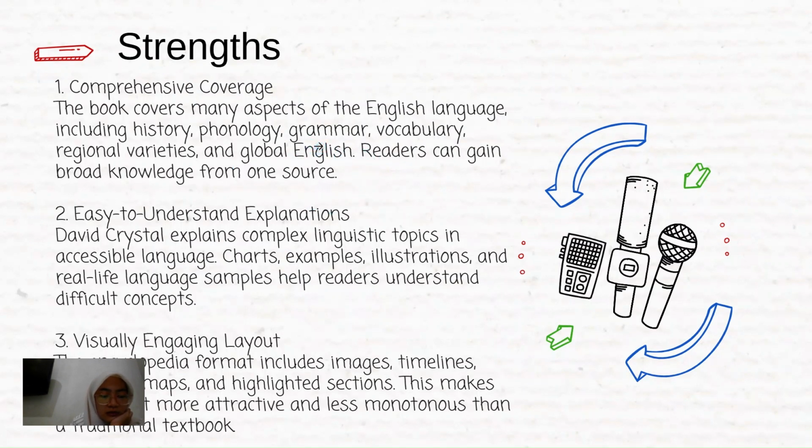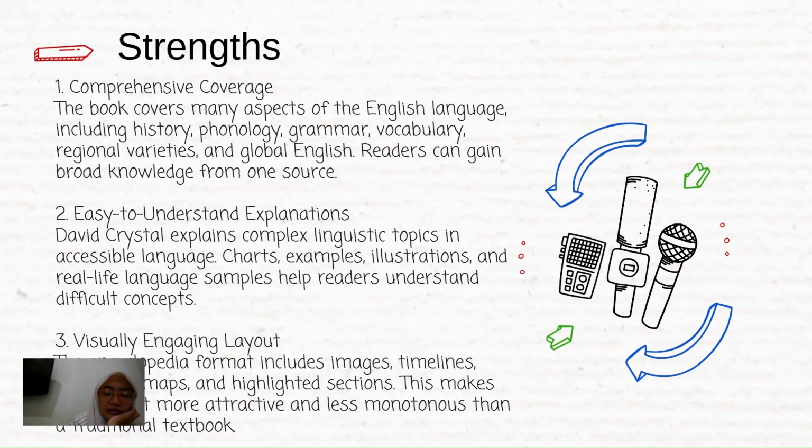And in global English, it explains how it has spread around the world and also the accents like American and British accents. I just mention one, but it has a variety of accents because of the spread of English around the world.